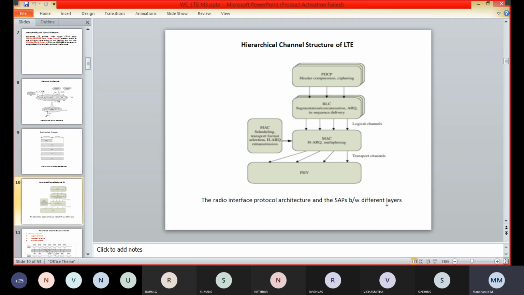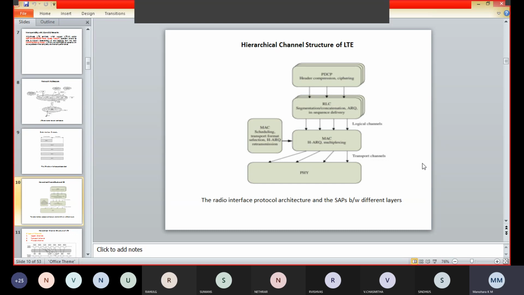First one is BCCH, second is MCCH, and next we have PCCH, CCCH and DCCH.